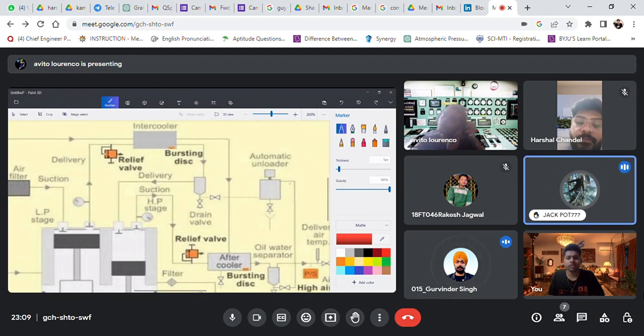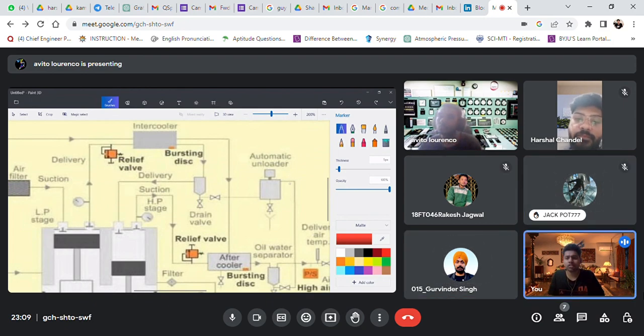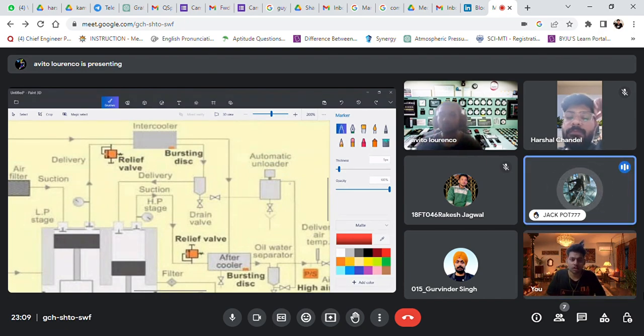If the air has that much moisture in a compressor, it will damage the piston. That's why they provide a drain valve and drain the moisture. If they didn't drain that, water is incompressible, it will damage the compressor.